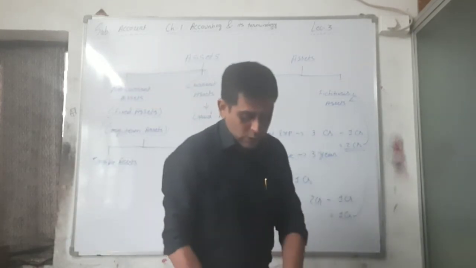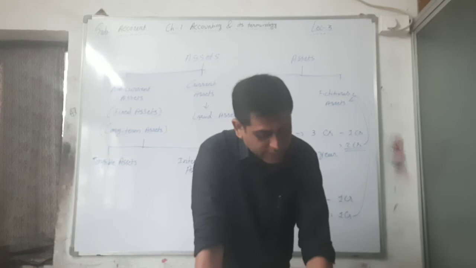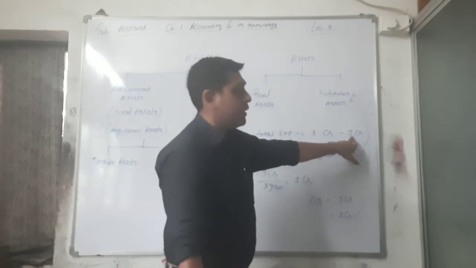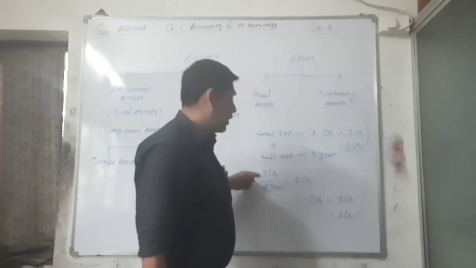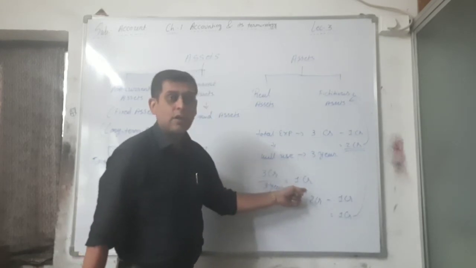Okay. So here every year a predetermined amount is written off and shown as an expense. This one is a predetermined amount. 3 crore total expense, 3 years of benefit, and that's why 1 crore is the current year expense.